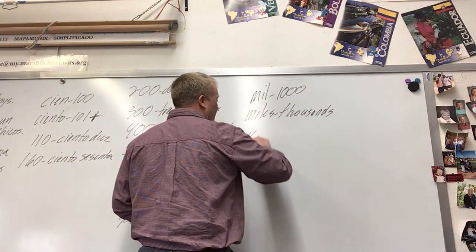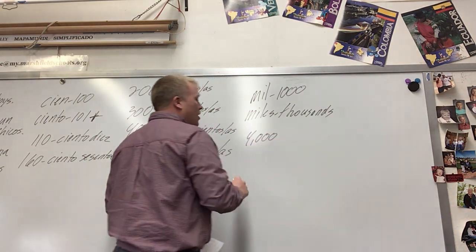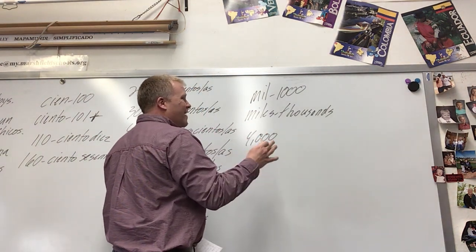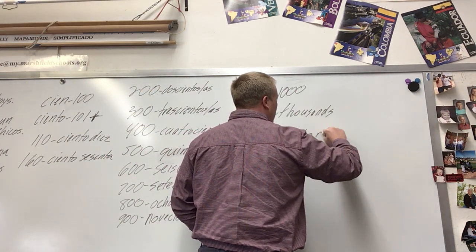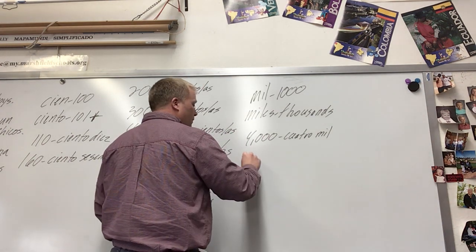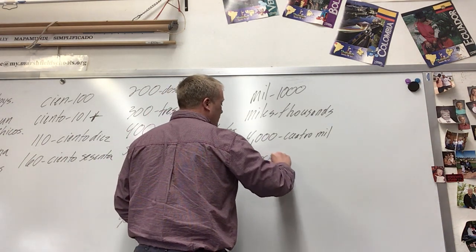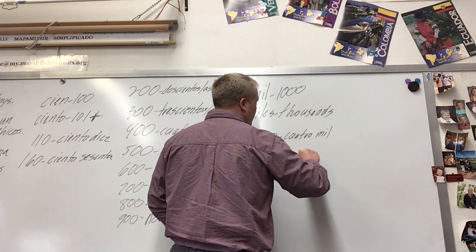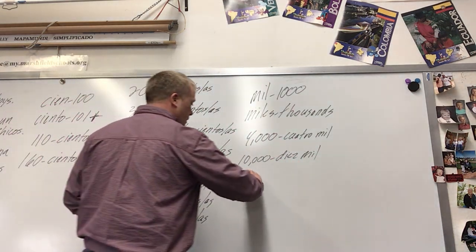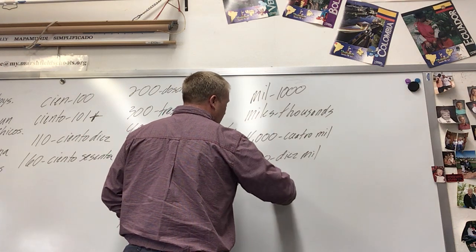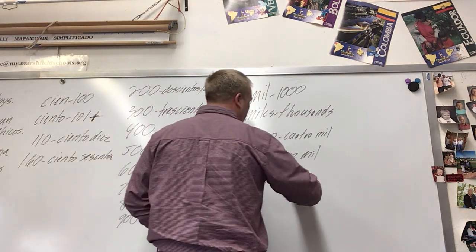So if you want to say 4,000, just the number 4,000, we don't say cuatro miles, we say cuatro mil. So you write cuatro mil. Or if you have 10,000, it's diez mil. This word, millón, is a million.